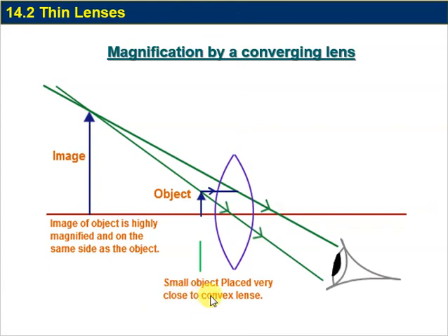Okay, so small objects placed very close to a converging lens, the image of the object is highly magnified, and it's on the same side as the object, for sure. Okay, so the observer is always looking from this side.